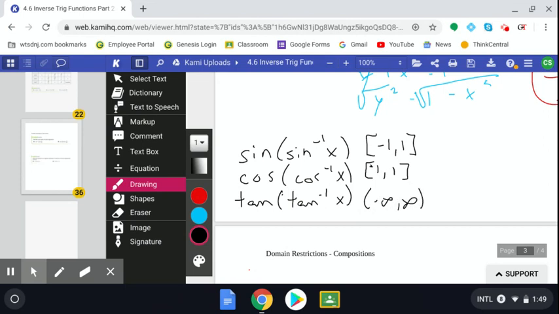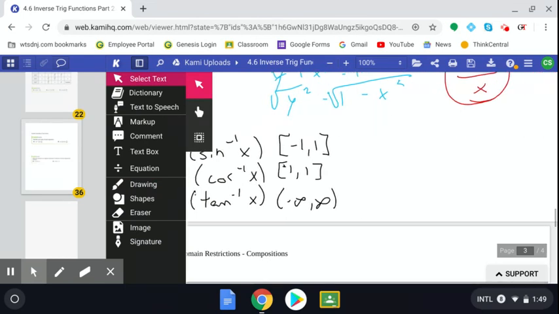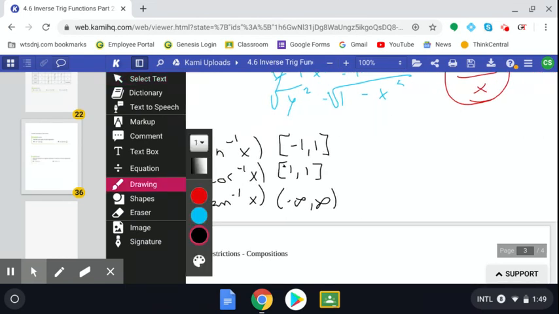And then if you have an inverse of the regular function, this is really what you need to remember. So inverse sine of sine of x needs to be between -π/2 and π/2, including.